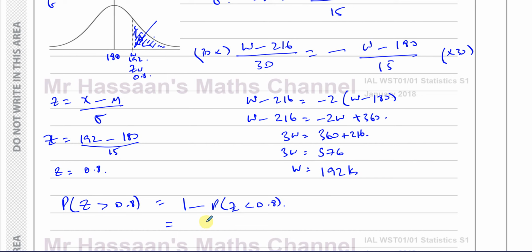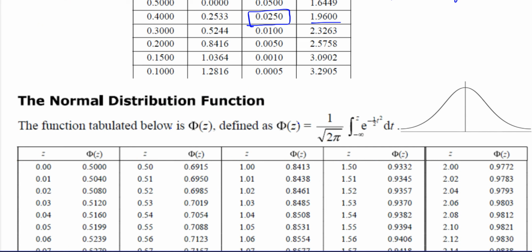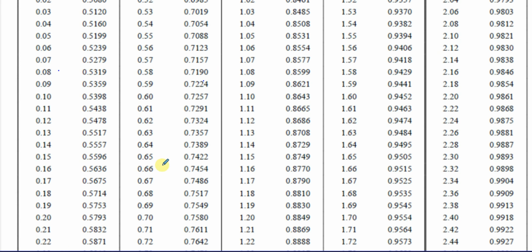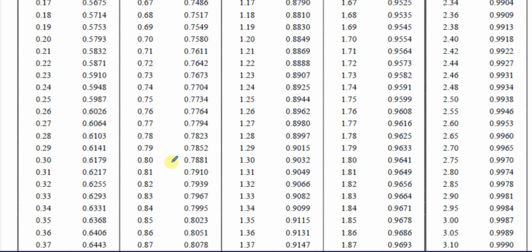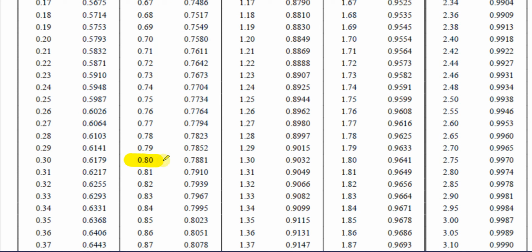So if I go to 0.8 on my table, you see it's 0.7881.